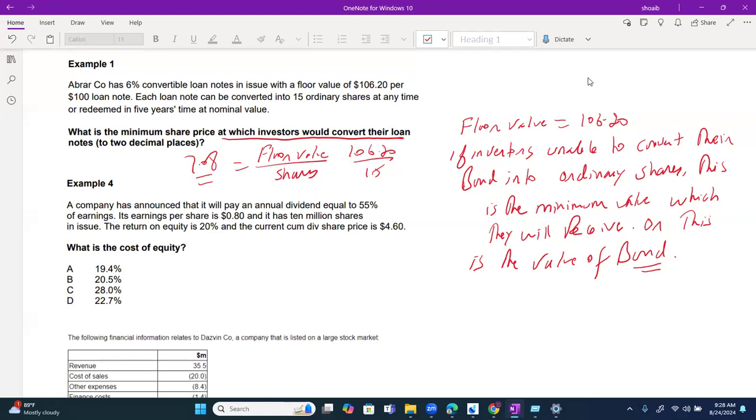Okay, now my question. Listen to the question carefully. 7.08 is the minimum share price at which investor would convert their loan notes.